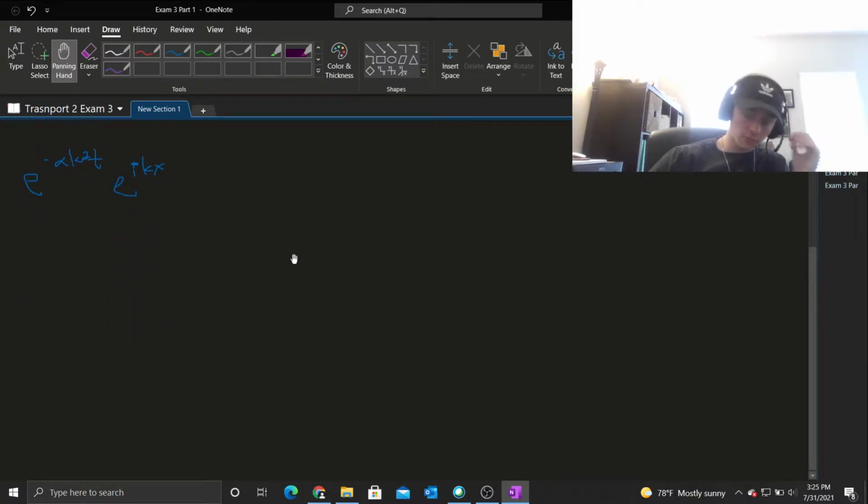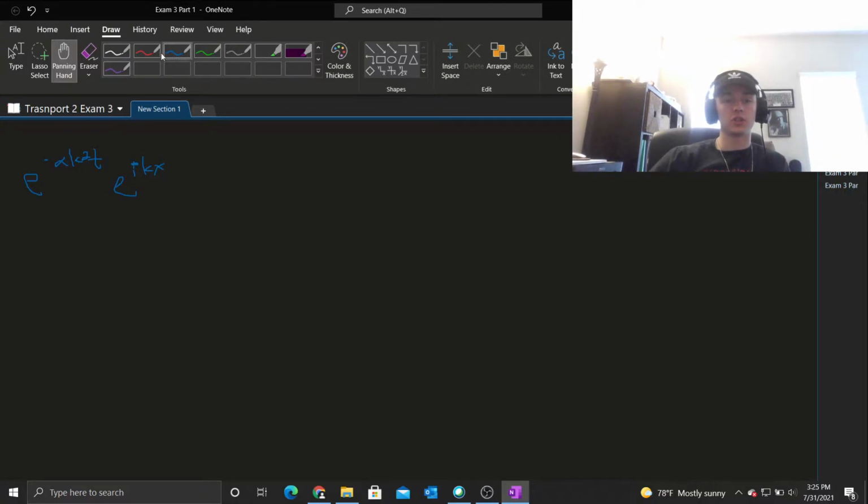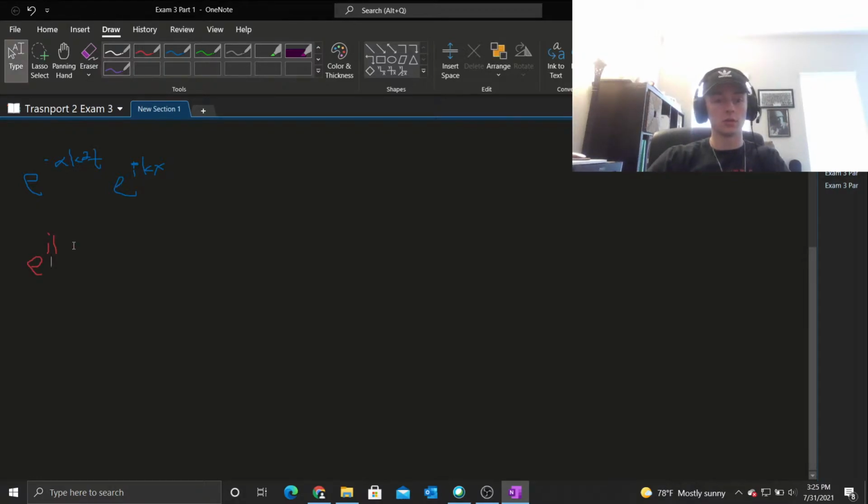So what we have is the exponential of i, which is an imaginary number, times x, is equal to the cosine of x plus i sine x.